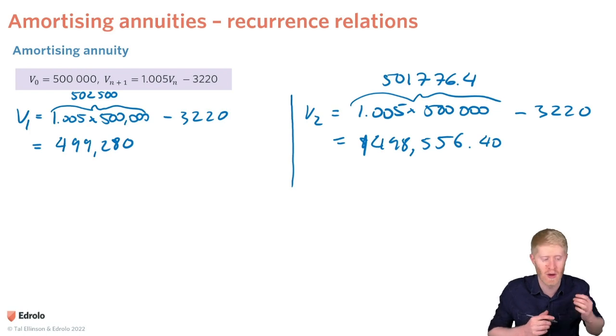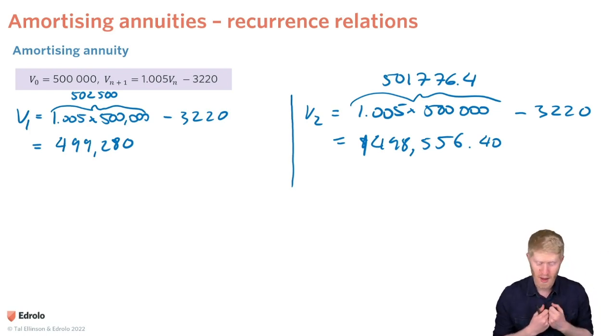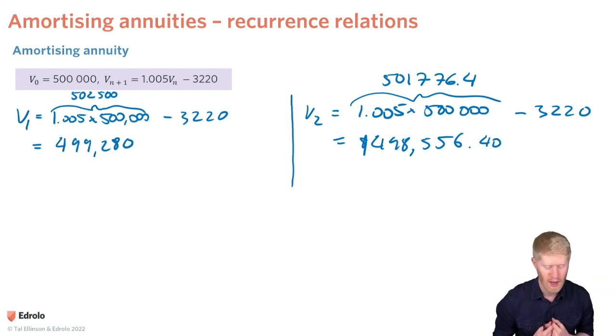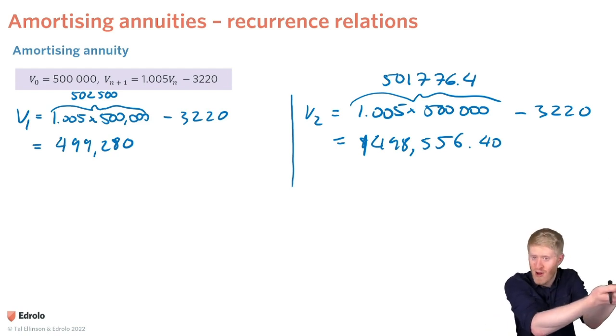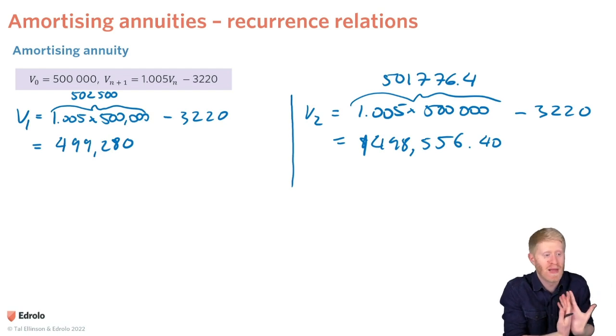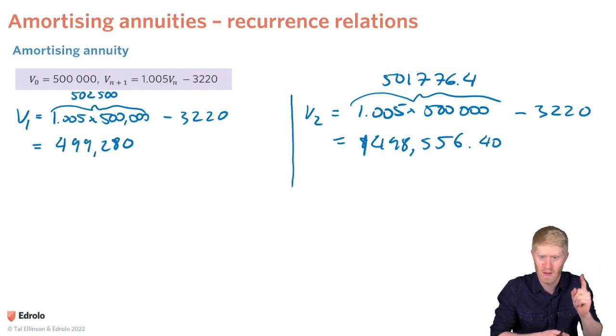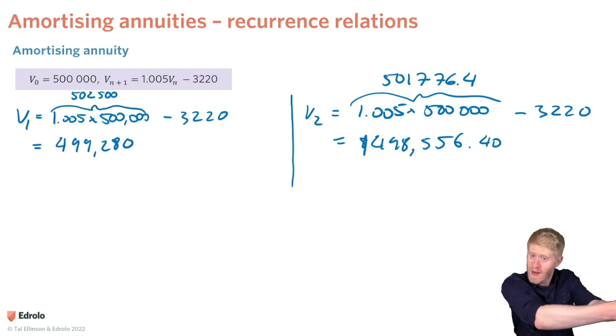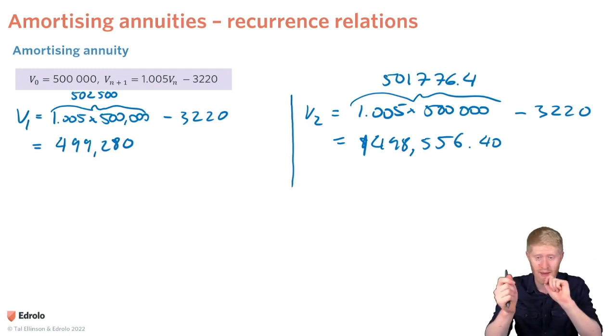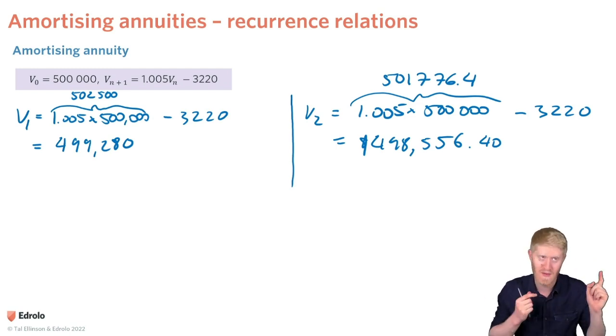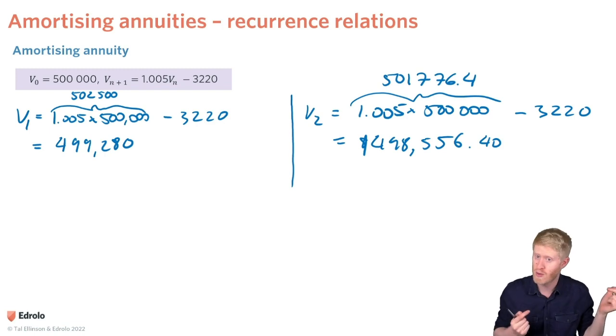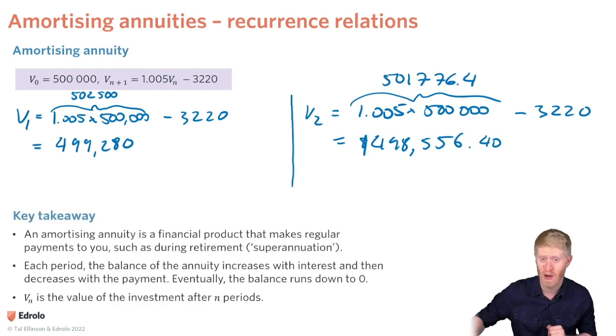In a reducing balance loan, the bank gives me the money and I make the payments. In an amortizing annuity for my superannuation, I put my money into the superannuation. It's like at the beginning of my retirement, it's like, hey, super, here's the money, use it, right? And then they give me the payments. So mathematically, the exact same thing happens with the numbers. We just have to think about who is giving and who is receiving. The key ideas are summarized over here.